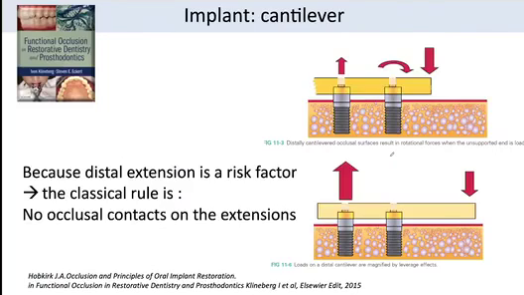Another problem concerning the adjustment of ICP is cantilever. Because the distal extension, cantilever, is a strong risk factor. And the classic rule is no occlusal contact on the extensions.